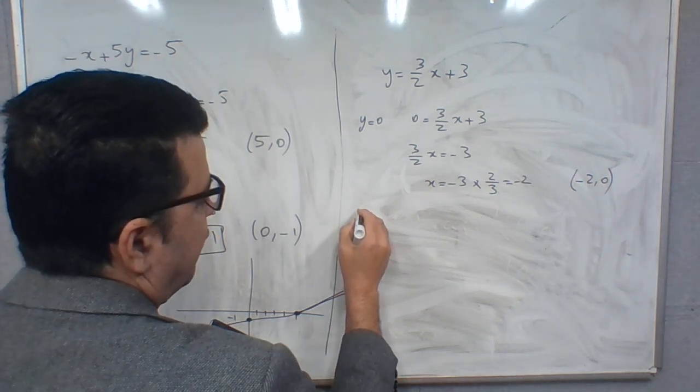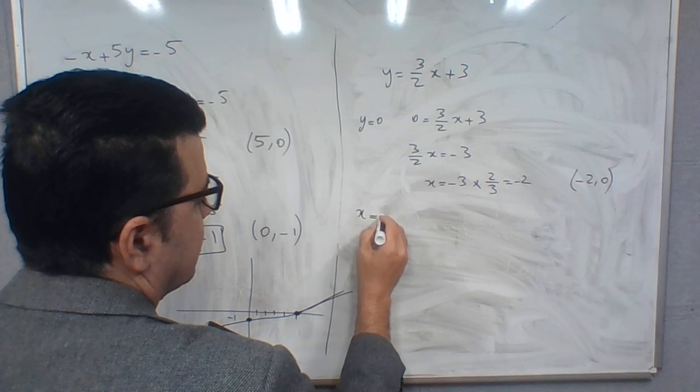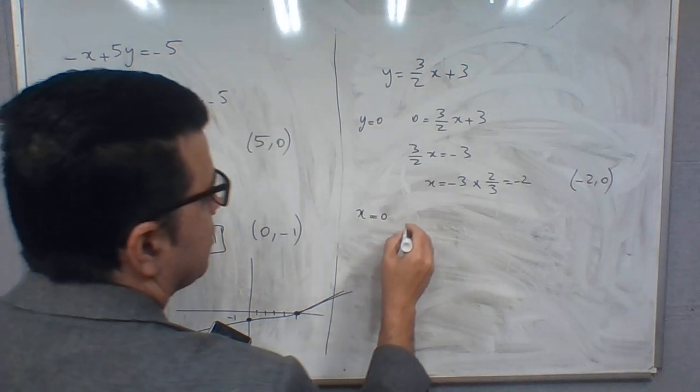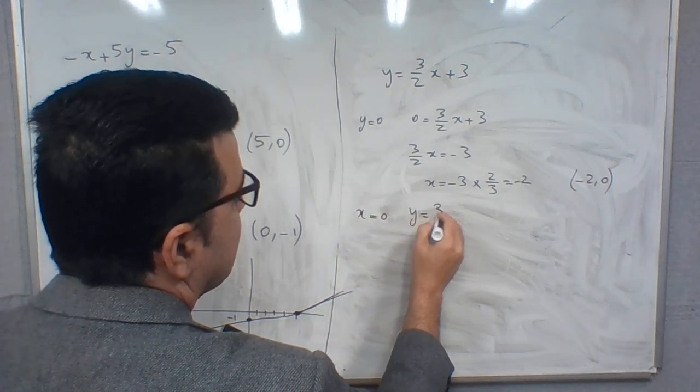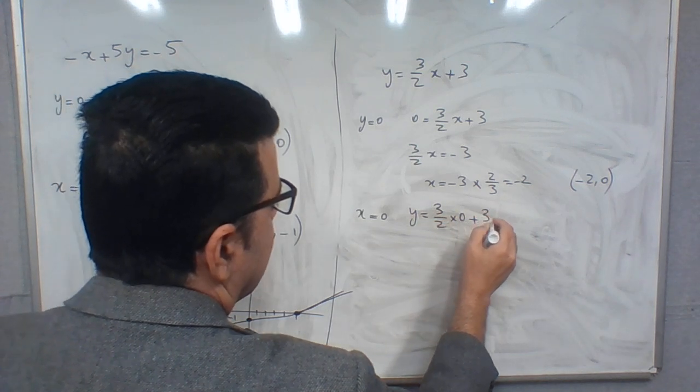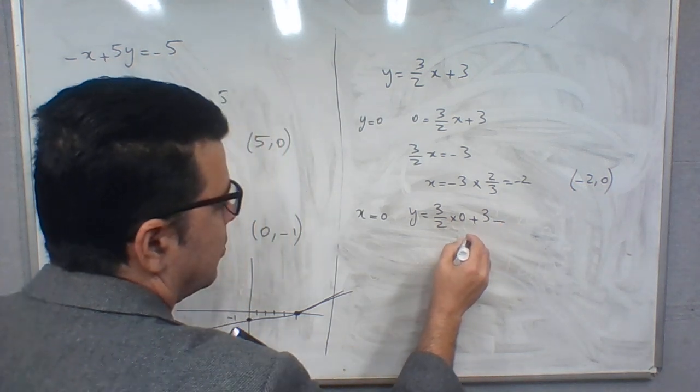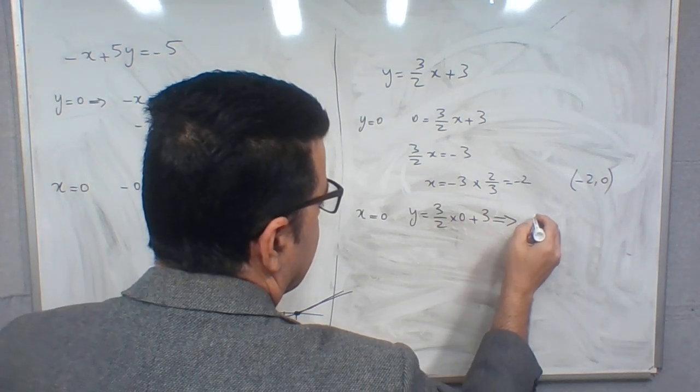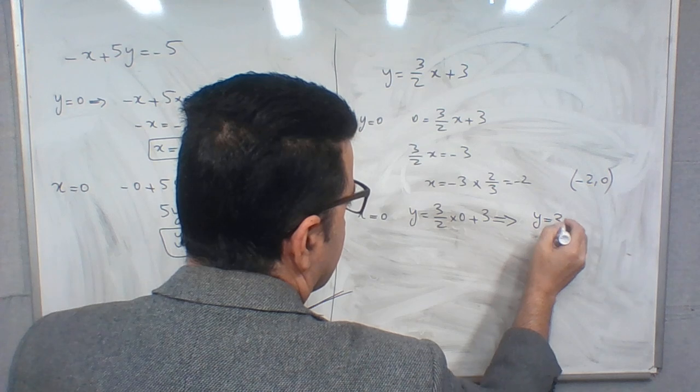And then for the y-intercept, x equals 0. So y equals 3/2 times 0 plus 3. So we conclude that y equals 3.